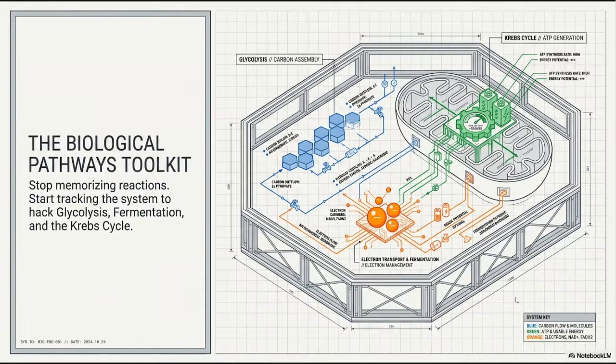No, you should not. Looking at this system, anything occurring in blue is carbon flow and molecules. As you can see here in this cellular machine, all these in blue color are carbon flow and molecular workflow.